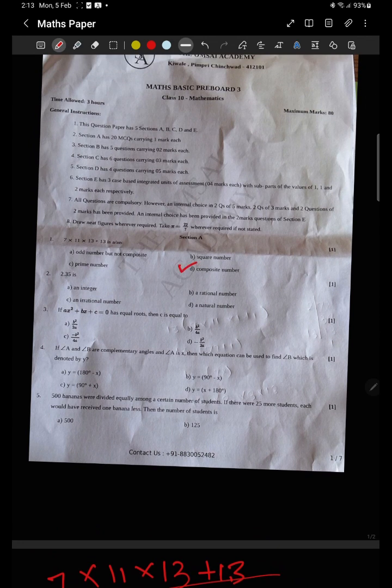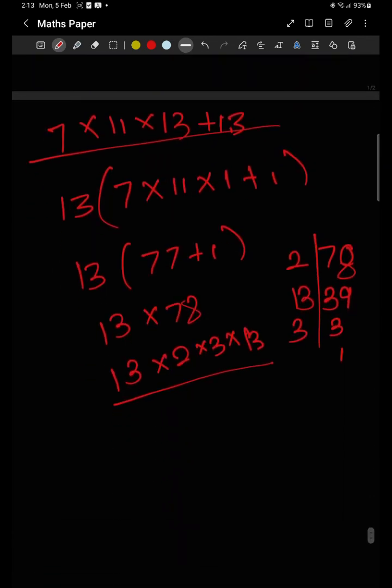Okay, next question is 2.35 is: the options are an integer, a rational number, an irrational number, and a natural number. Here 2.35 is basically a rational number. See how.